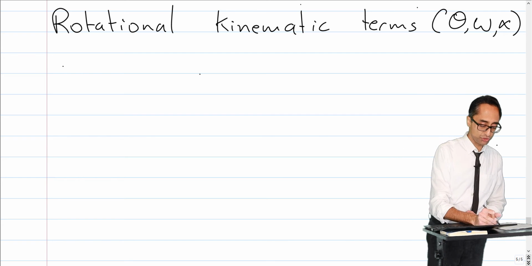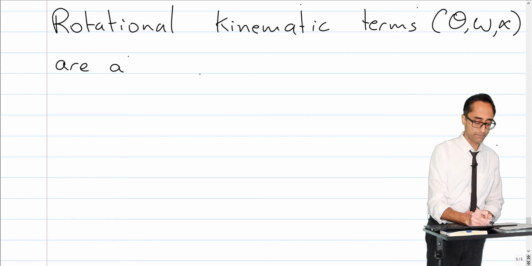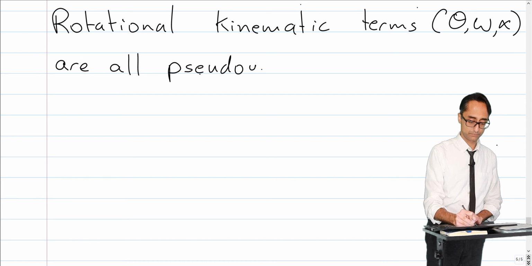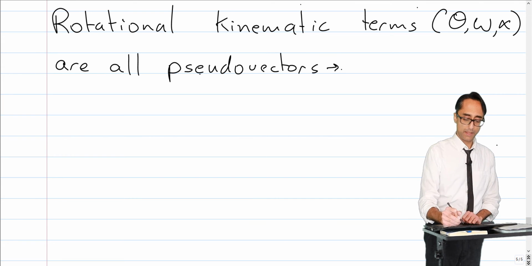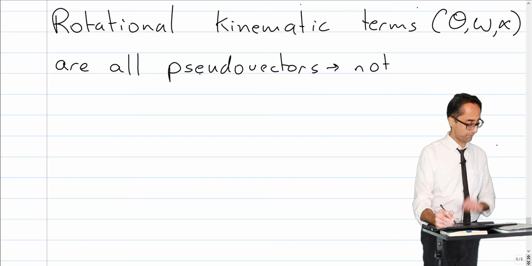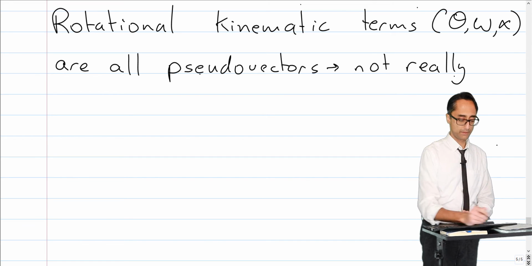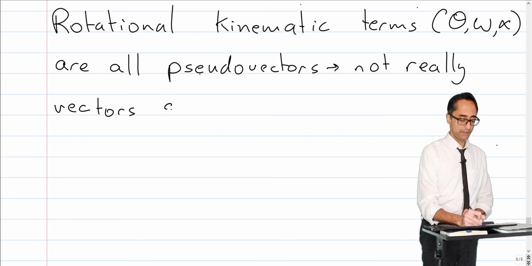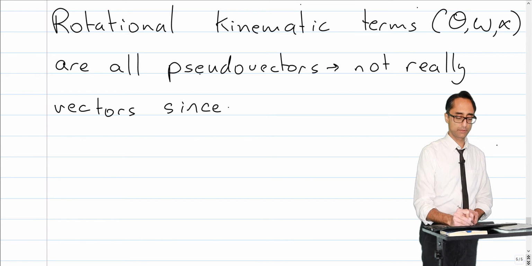These are all pseudovectors. And we're going to describe them as not really vectors, since you can only go one of two directions.